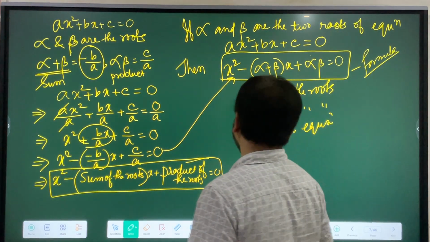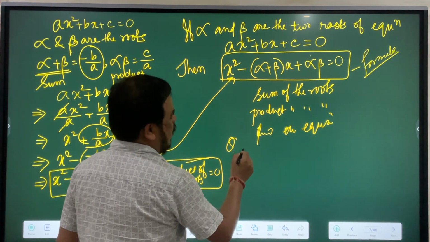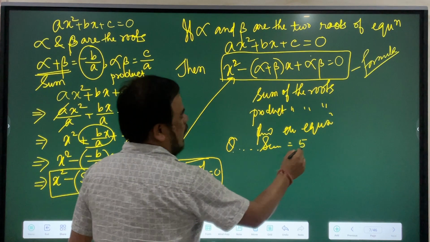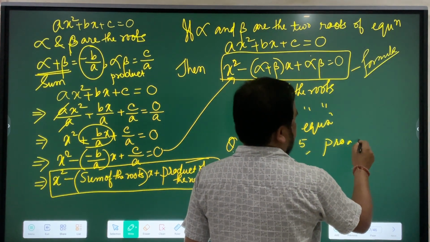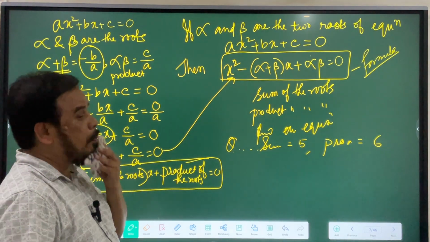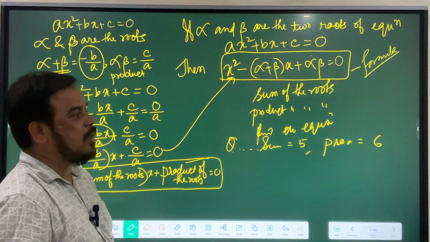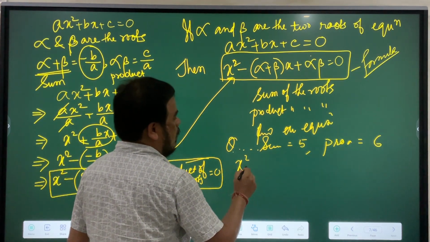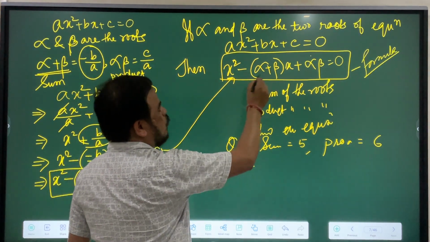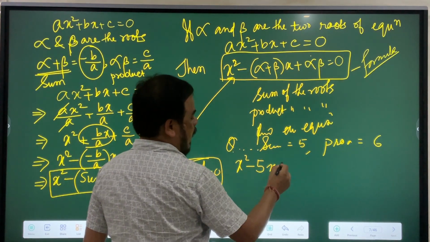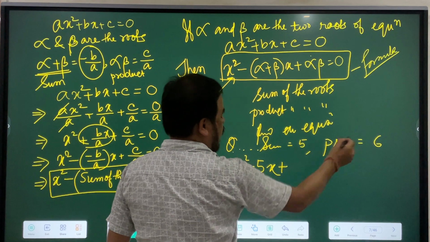How? Let us show. In a question suppose the sum of the roots is 5 and the product of the roots is given 6. Suppose in a question it is given, find the equation. So we will write directly x square minus sum of the roots 5, directly 5, then x plus alpha into beta means product is 6.